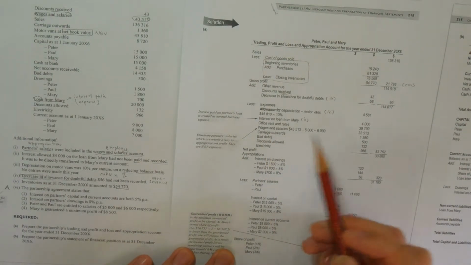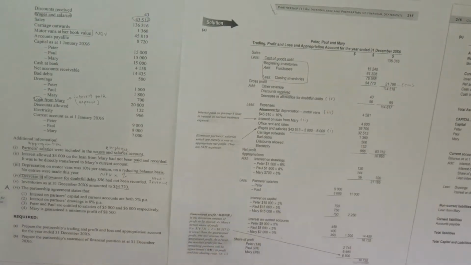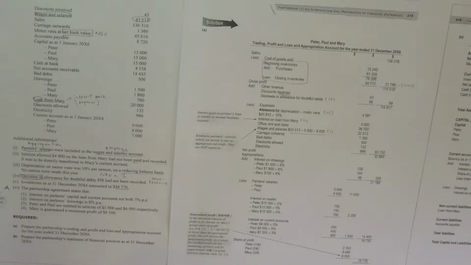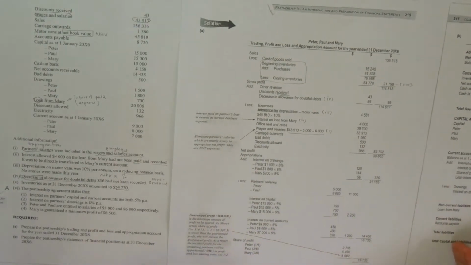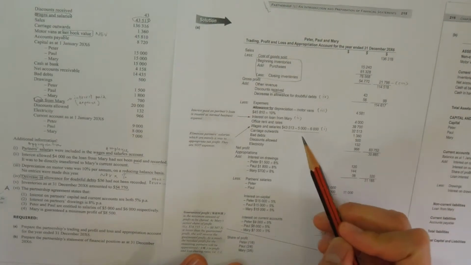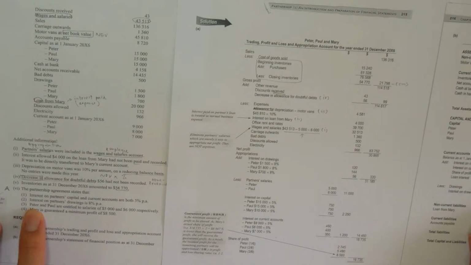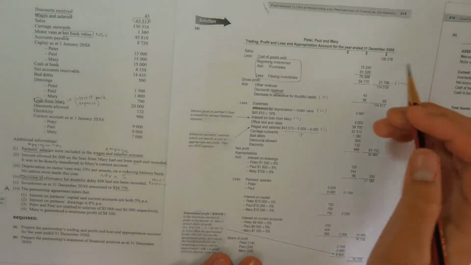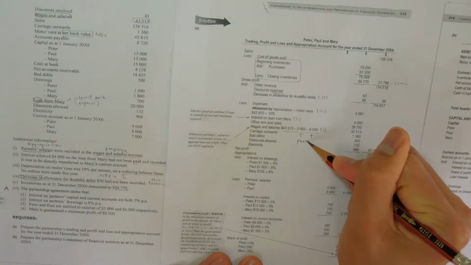For wages and salary, this is related to item number 1. Why do you find this calculation here? Because additional information number 1 tells you that the wages and salary wrongly include the partner's salary, so we need to deduct it. If you take a look at additional information number 6, you find Peter's and Paul's salary. Therefore, 5,000 and also 6,000 are the partners' salaries.